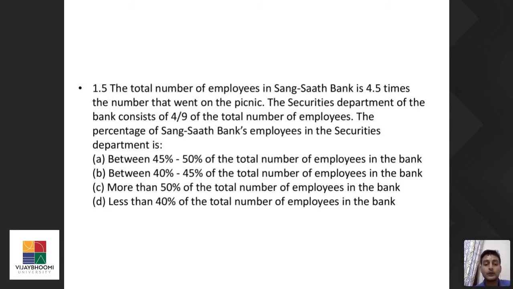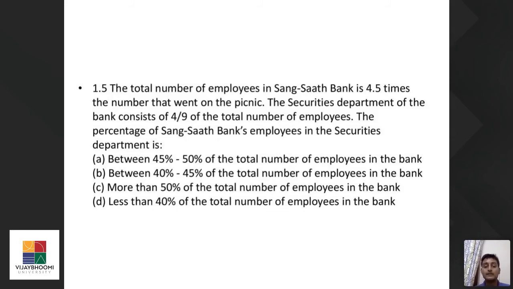As I told you, the percentage to decimal to fraction conversion is very important, because they're asking you what percentage of the employees is in the securities department. The second line itself says that the securities department of the bank consists of 4 upon 9 of the total number of employees.